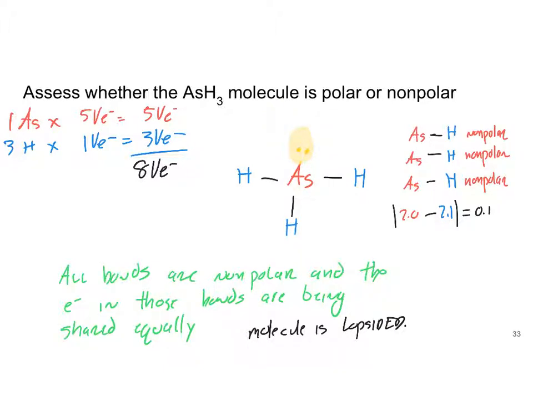Okay. So remember that the molecule has nonpolar bonds, but because of the unshared pairs of electrons on the central atom, the molecule becomes polar. So the molecule is lopsided even though it has all nonpolar bonds.